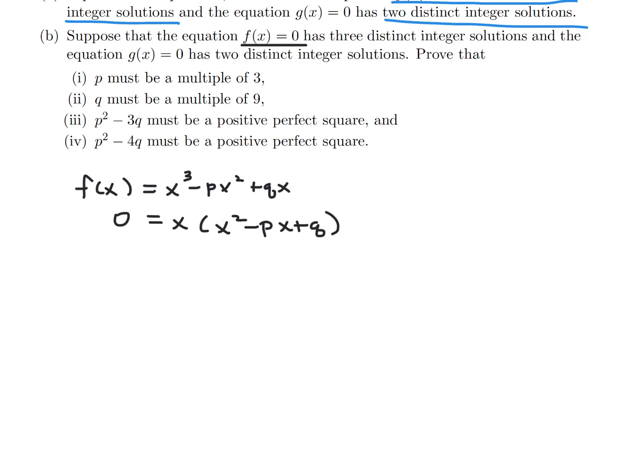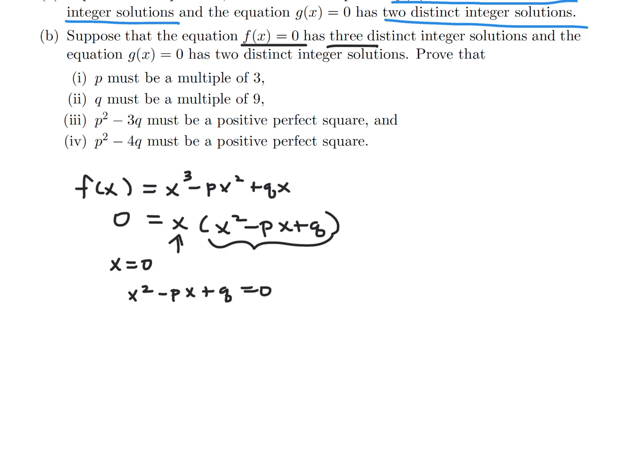Okay, so if this has 3 integer solutions, well, this is going to give me one integer solution, namely x equals 0. So if I want 2 additional roots from here, that means the quadratic x squared minus px plus q equals 0 has got to give me 2.